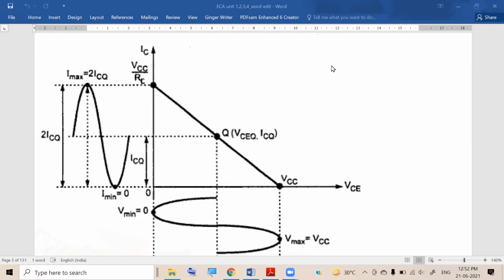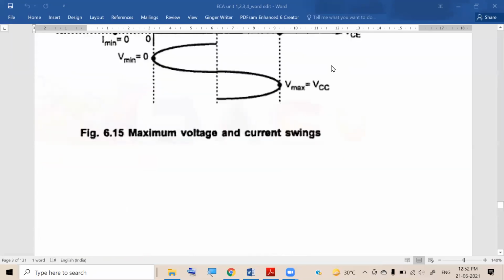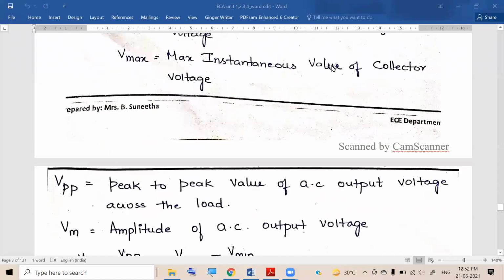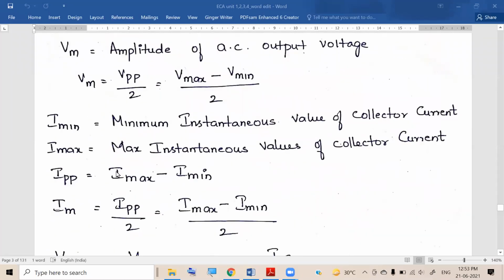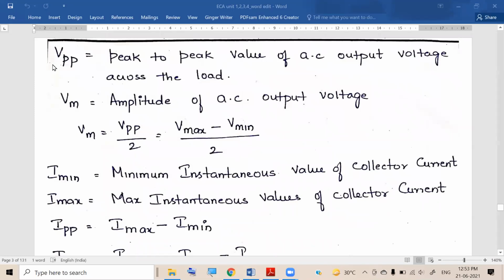Peak to peak collector voltage will be Vmax minus Vmin. These are the important terms that we need. IPP means I peak to peak, Imax minus Imin, and VPP will be Vmax minus Vmin.